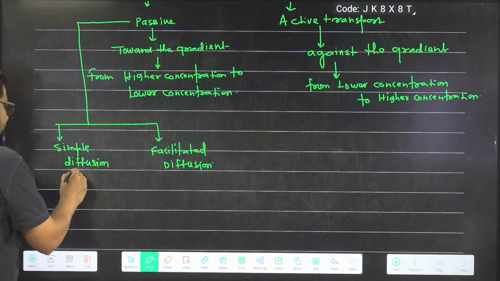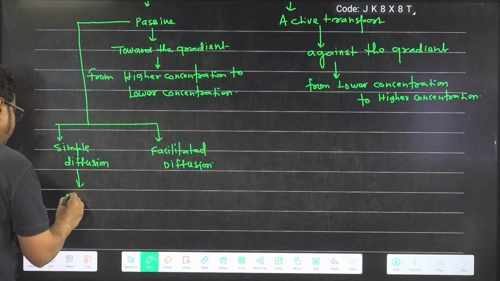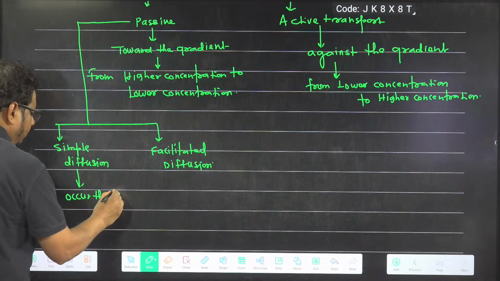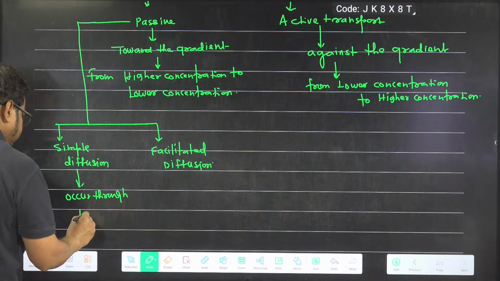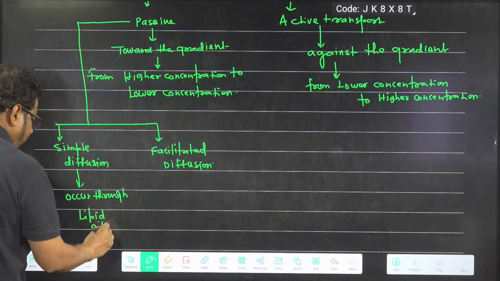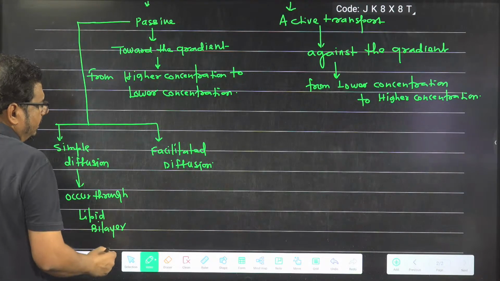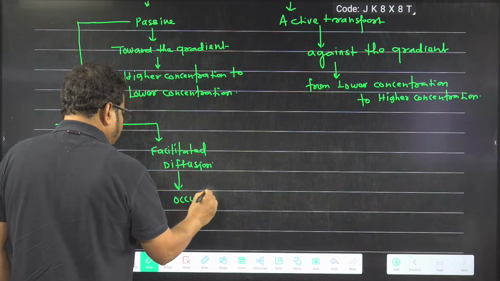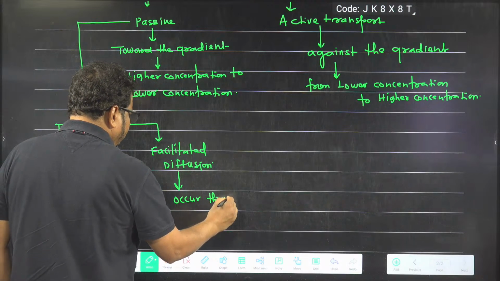So simple diffusion across the membrane occurs through the lipid bilayer. Facilitated diffusion occurs through carrier protein.